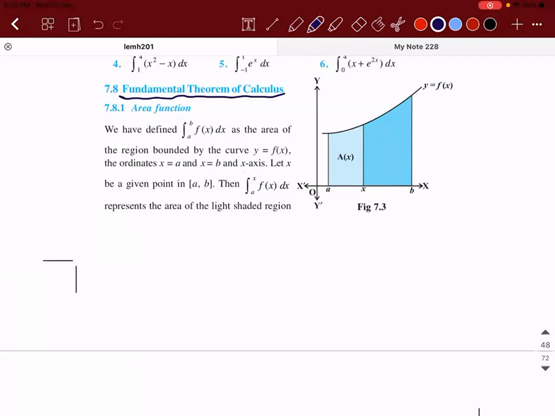Like I always ask, you know what differentiation is? If I ask you why do you differentiate, what will your answer be? It is to find the slope of a tangent at a particular point.